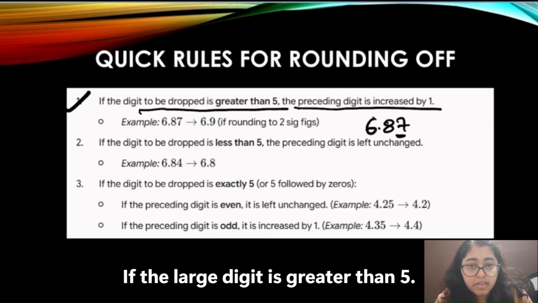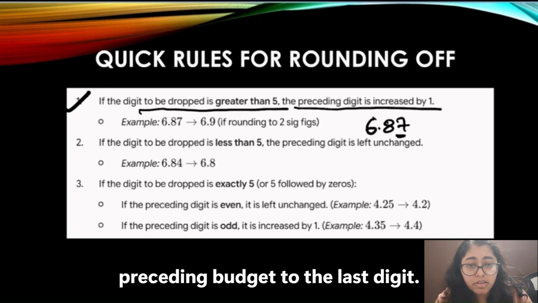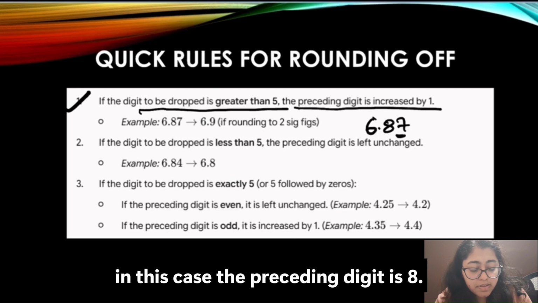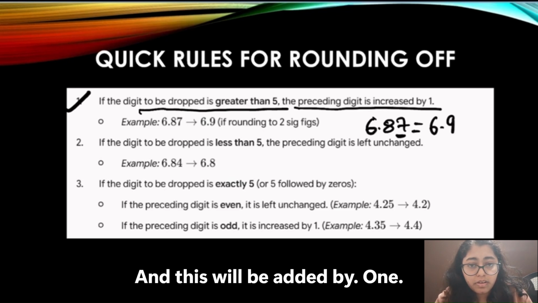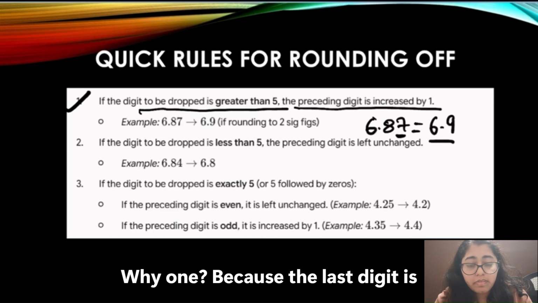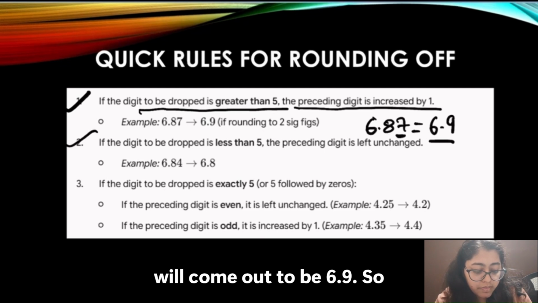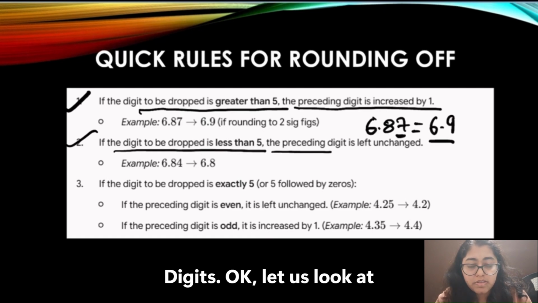If the last digit is greater than 5, then the preceding digit will be added by 1. So in this case, the preceding digit is 8, and this will be increased by 1. Why 1? Because the last digit is more than 5. So this answer will come out to be 6.9.